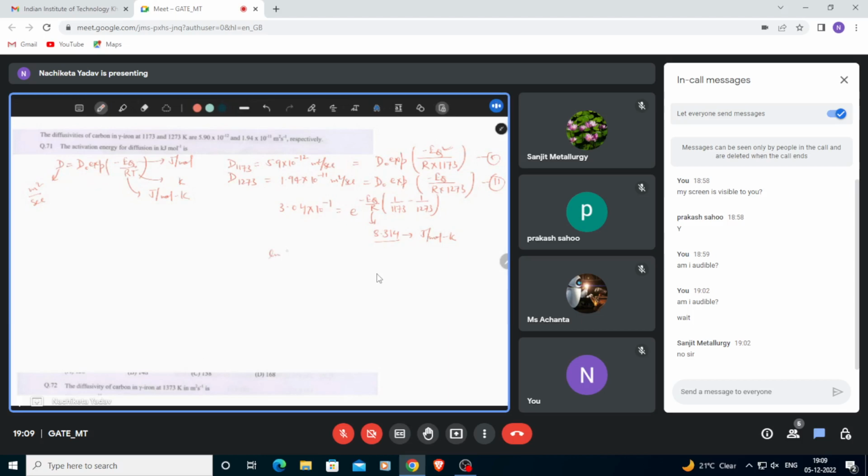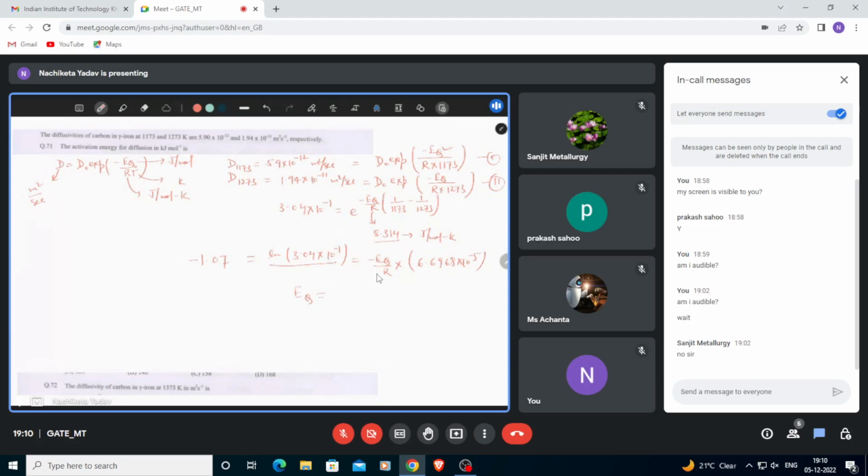Take simply ln on both sides, natural log: minus EQ by R into 6.6968 into 10 to the power of minus 5, and ln of this value will be equal to minus 1.07. So from here you can get the EQ value.